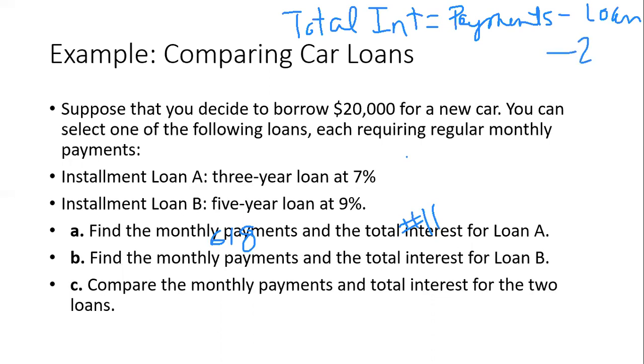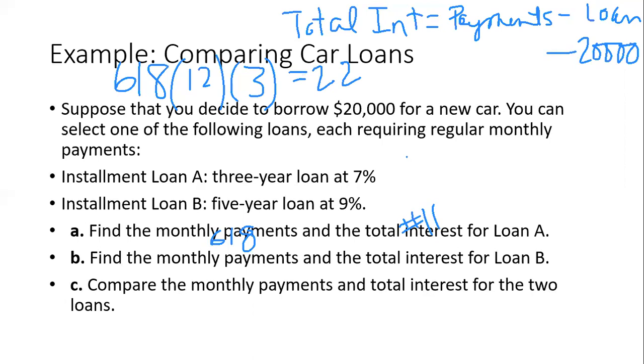So we know the loan already, it's $20,000, and the payments are $618 every month. So 618 times 12 months would be for a year. And for loan A, we're doing this for 3 years, so we're going to multiply by 3. And when you put that into your calculator, you get 22,248.